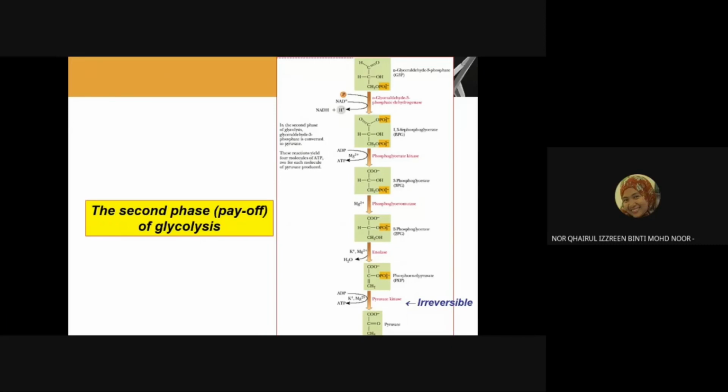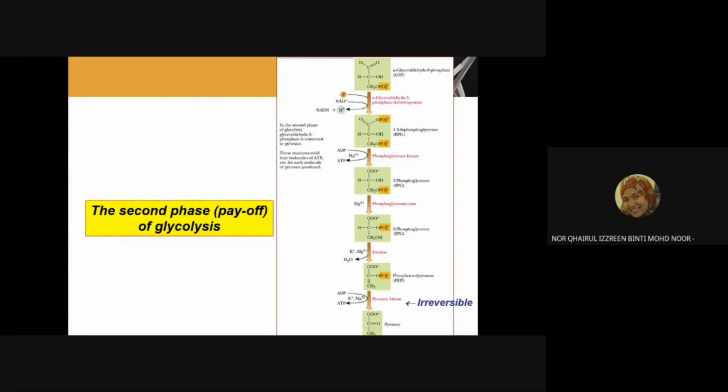The production of ATP happens at these two steps here. Remember that from step number 6 to step number 10, there are 2 molecules of glyceraldehyde 3-phosphate.